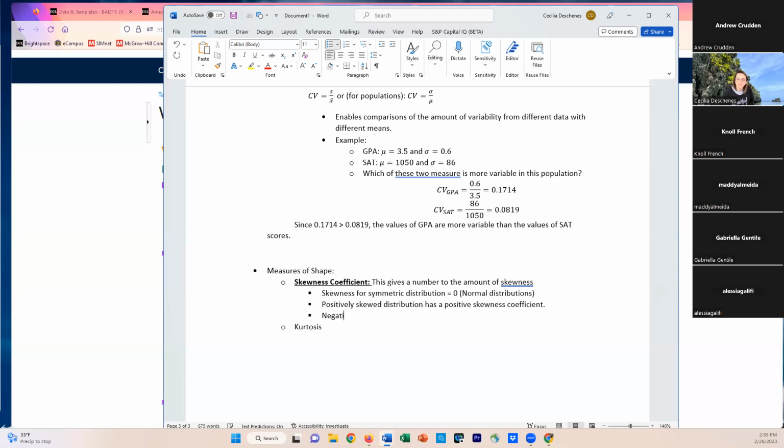And a negatively skewed distribution has a negative skewness coefficient. The numbers themselves don't mean that much.